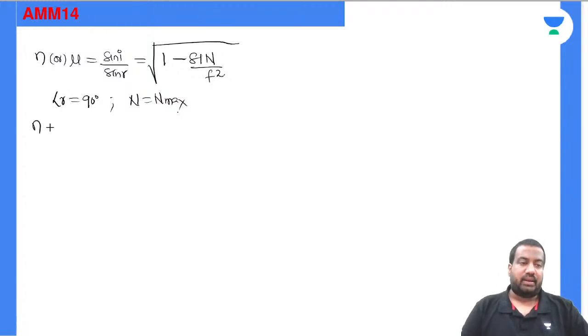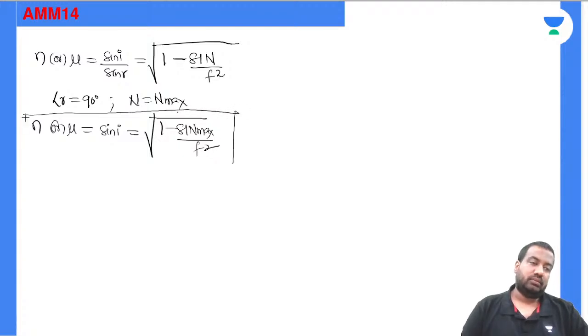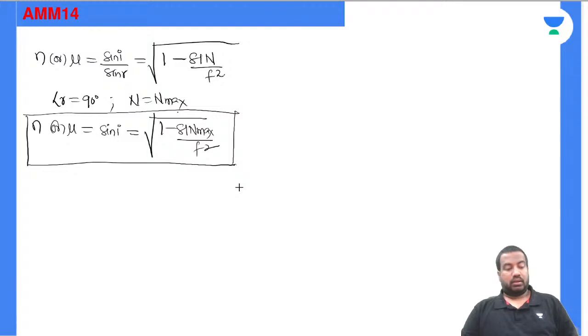So I can say mu is equal to sin I, angle of incidence, by sin 90, which is the square root of 1 minus 81 N max by f square. Is that clear?